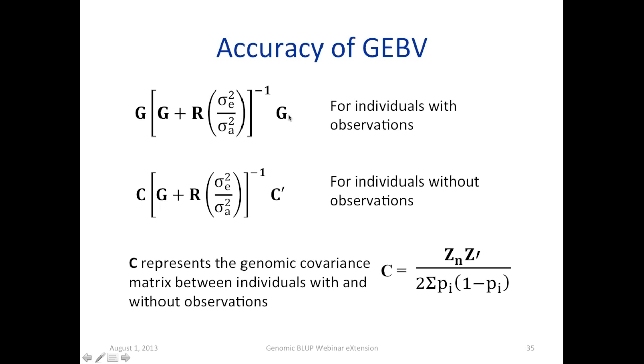It's a product of the genetic matrix and error matrix and the variance components. For individuals without any observations, we substitute G with the C matrix, which represents the genomic covariance matrix between individuals with and without observations. C is obtained by weighting ZZ prime with minor allele frequency, as shown in the right corner.